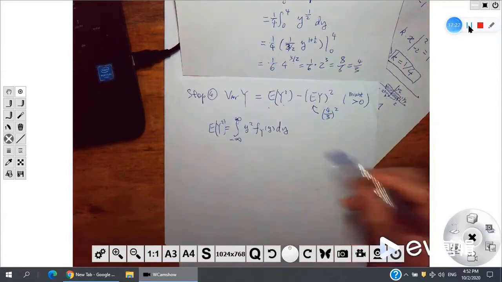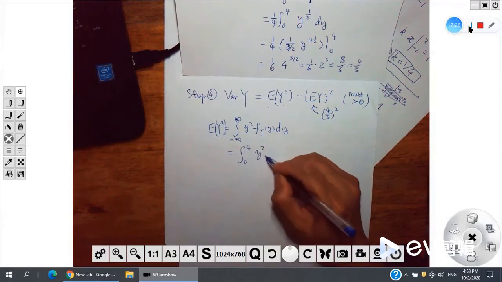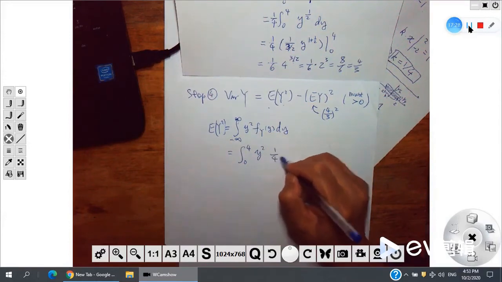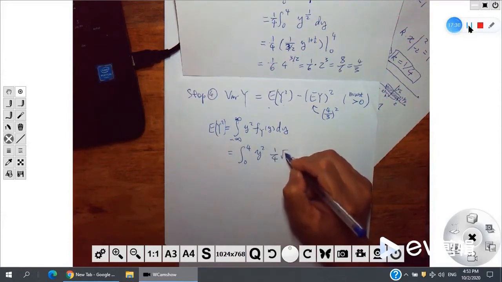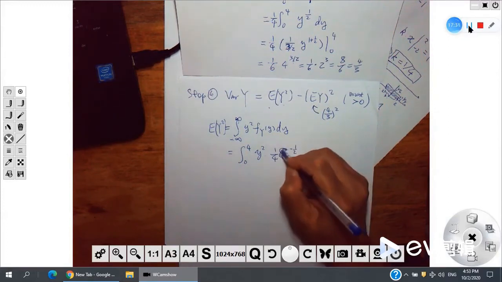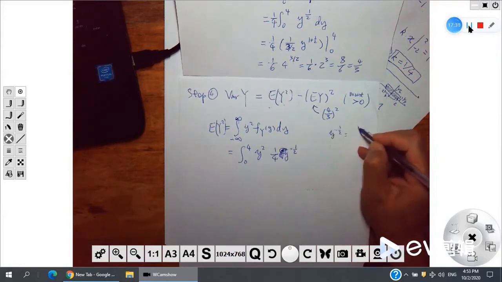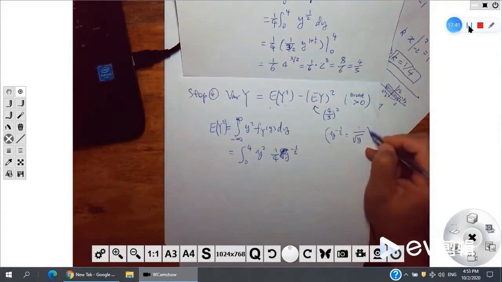But actually I only need 0 to 4, right? Here is y squared, and the density is 1/4 times y to the negative 1/2. It's 1 over the square root of y. I just write it this way, dy.